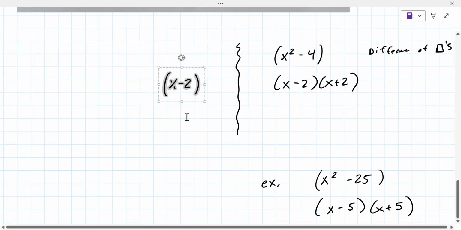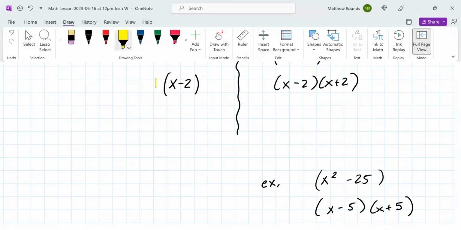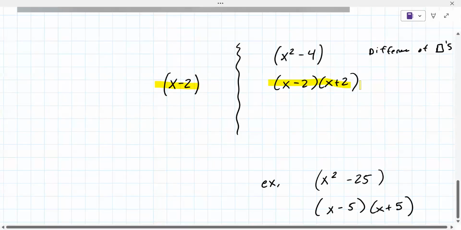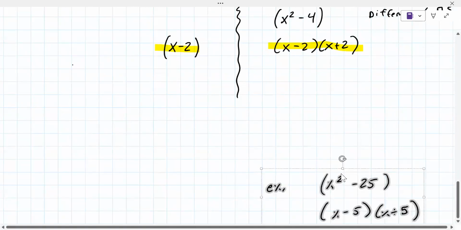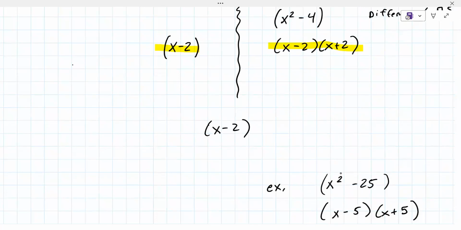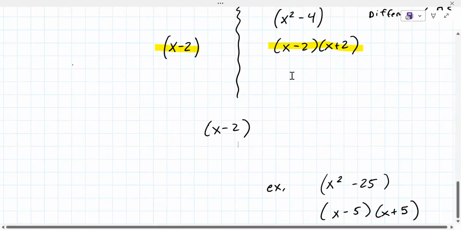All right. So here's the other one. When you look at, I'm going to highlight everything here, what is the same, what is different? The x minus 2 and x minus 2 are the same. Good. Now that's really important because what's the same has to come down. You have to have an x minus 2. It's kind of like, do you have any brothers and sisters?